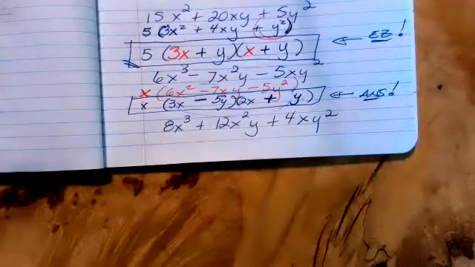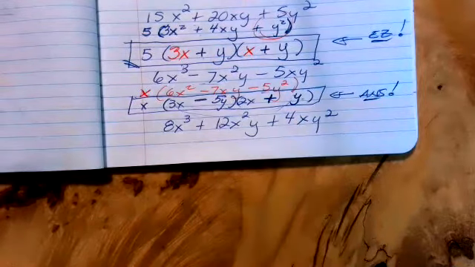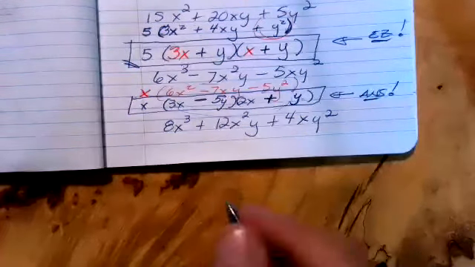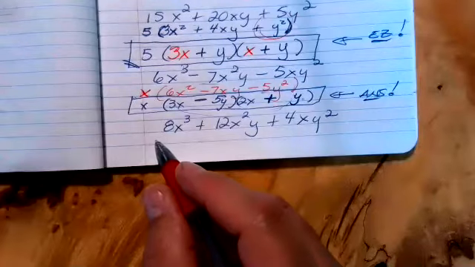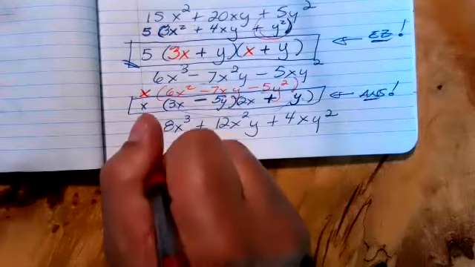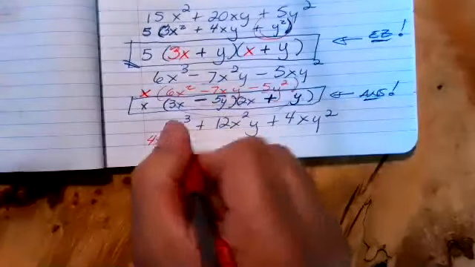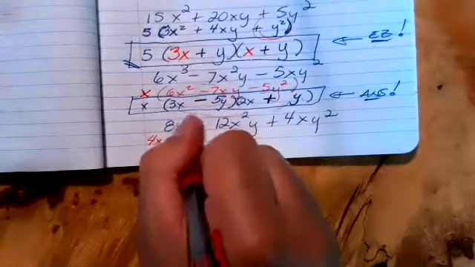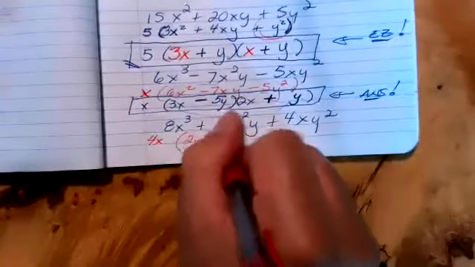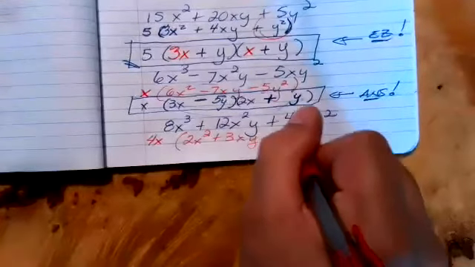So let's work through this last one. I didn't leave myself a whole lot of room. It has a GCF of x, 4x, 4x, which will leave me with 2x squared plus 3xy plus y squared.